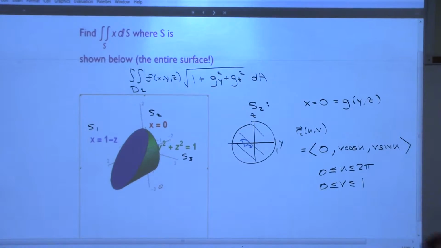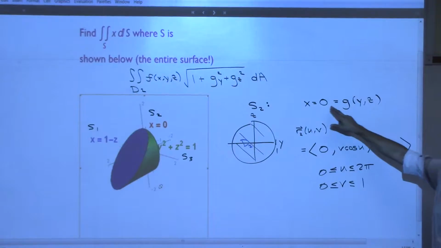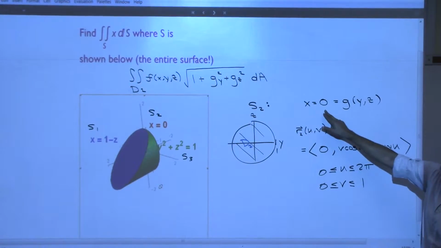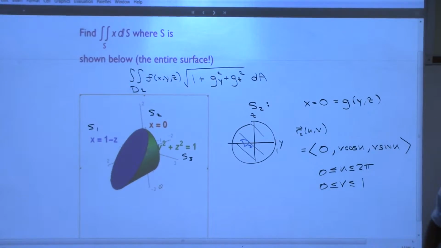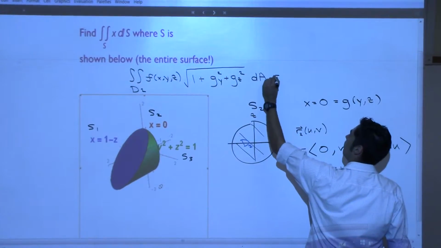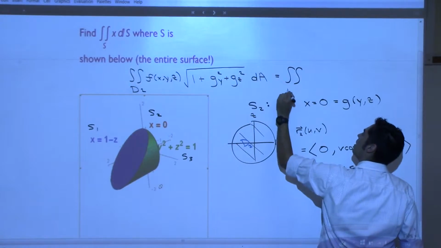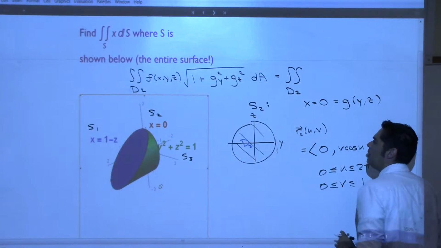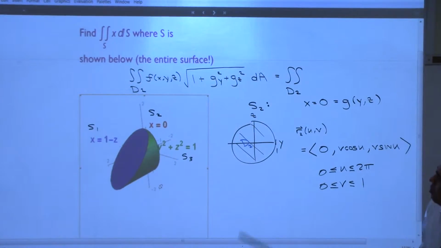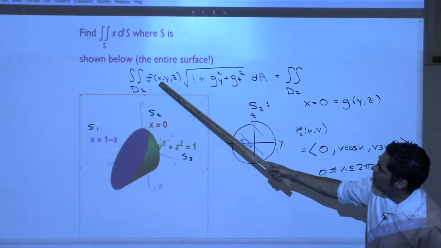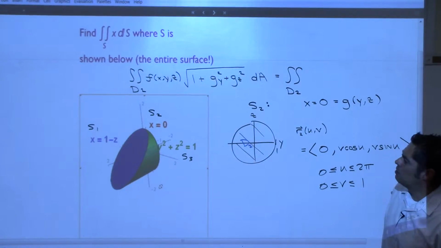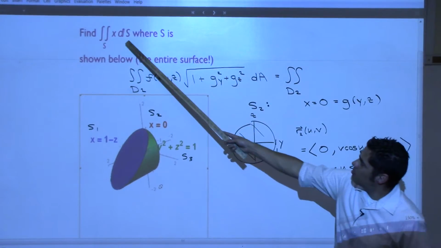What is the partial of g with respect to y? 0. What's the partial of g with respect to z? 0. So that's just the square root of 1, which is just 1. Double integral over D2. Now I need to plug into my scalar function x, y, z. What is my scalar function? X, right?